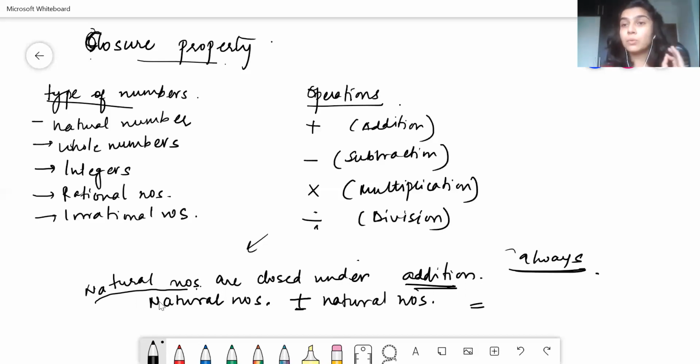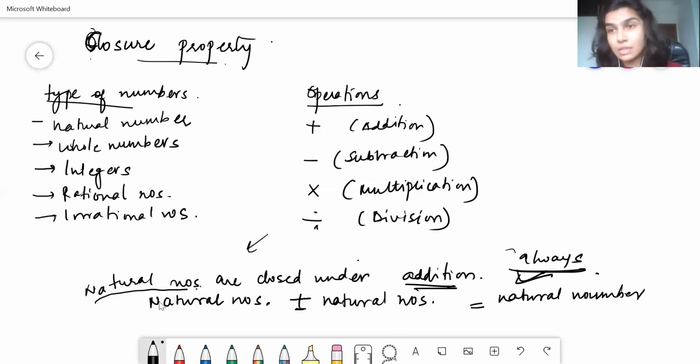Whenever I add two natural numbers, I'm always going to get a natural number as an answer. Always means it is true for all the natural numbers. This is the meaning of the statement that natural numbers are closed under addition.